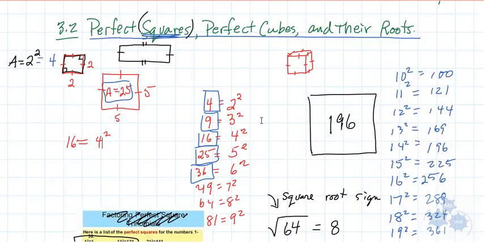All right, so those perfect squares from 2 squared all the way to 20 squared, I really would like you to memorize them as much as possible because, when you're doing math, if you really have to go to your calculator to do 8 times 8, your homework is going to take you twice as long, okay, 3 times as long, and you're going to get flustered on a test.